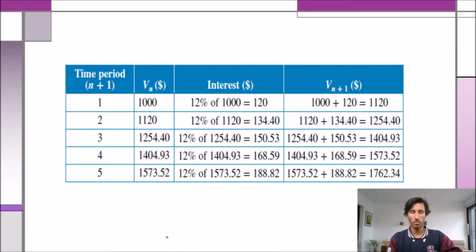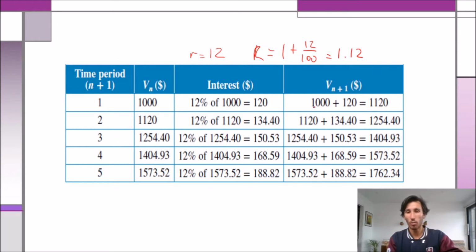So this is a table of values of compound interest. Your starting value is 1,000. You add 12% interest. So in this case, our little r is 12, which means our large R is 1 plus 12 over 100, which is 1.12. Now 12% of 1,000 is 120.